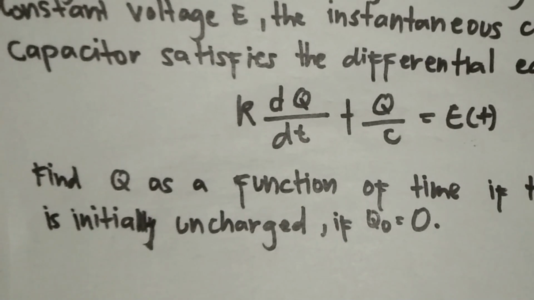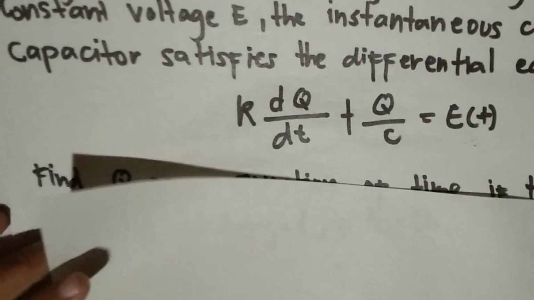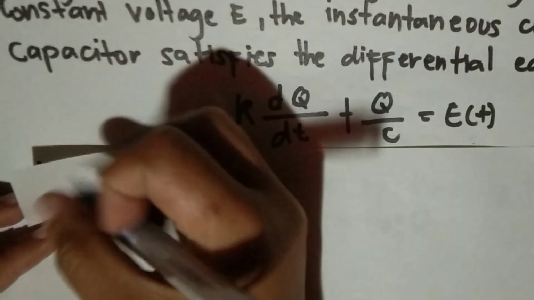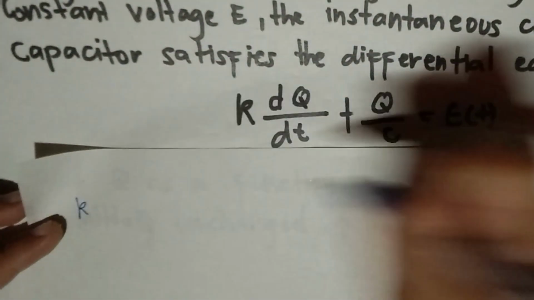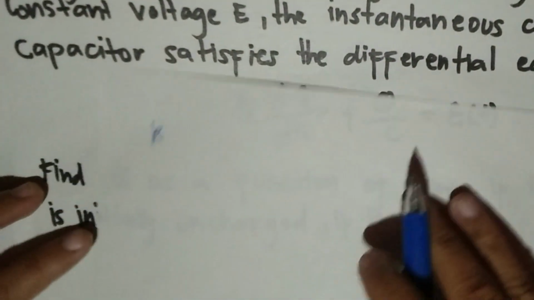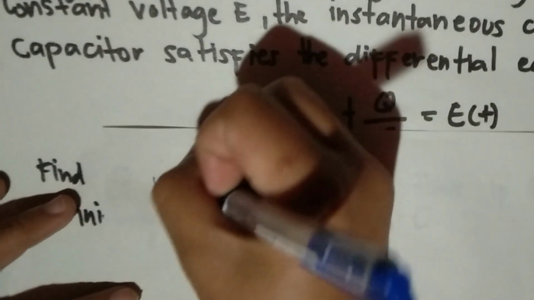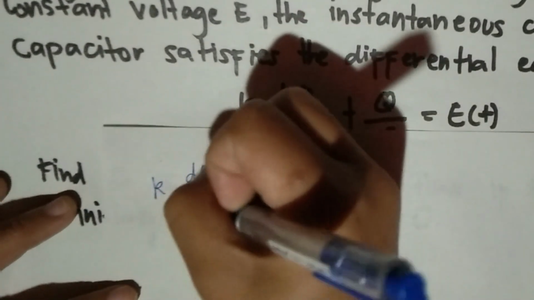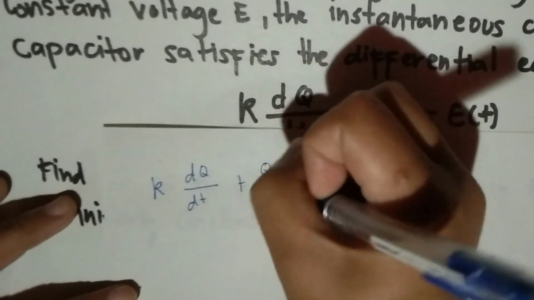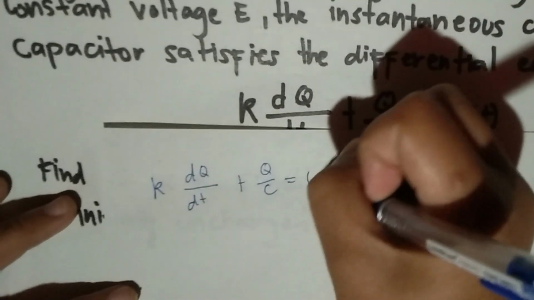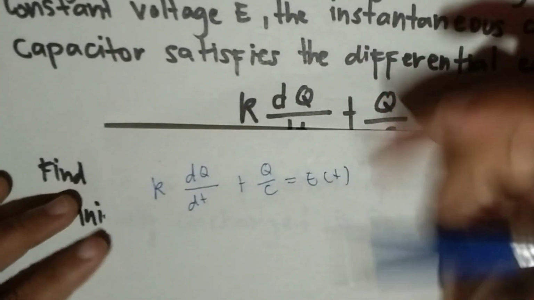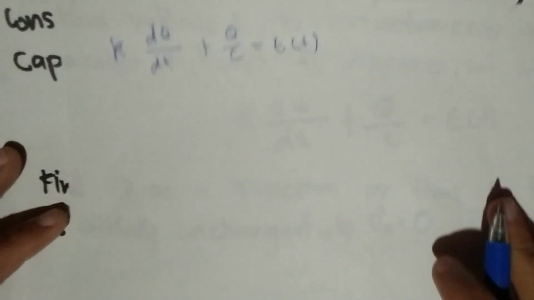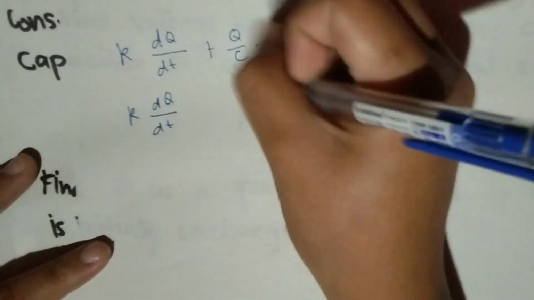So what we'll have to do is, first, let us copy this. That would be R dq over dt plus q over C is equal to E of t. We have this R dq over dt, and we have to transfer this.